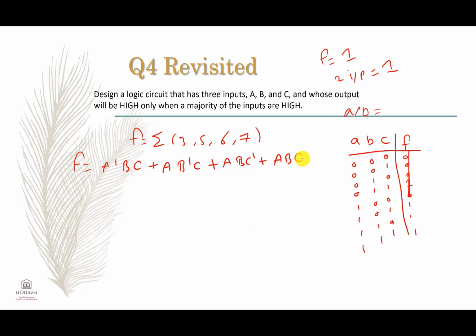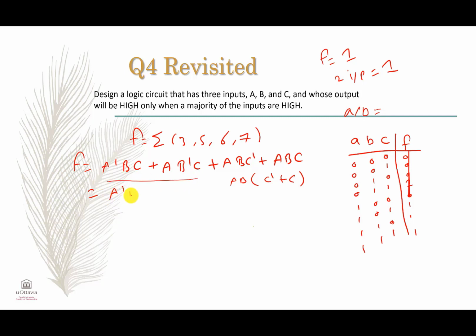So if I want to simplify this function, I can take a b as a common factor, and this will be c prime plus c. And here I can take nothing. As you can see, I can take nothing.